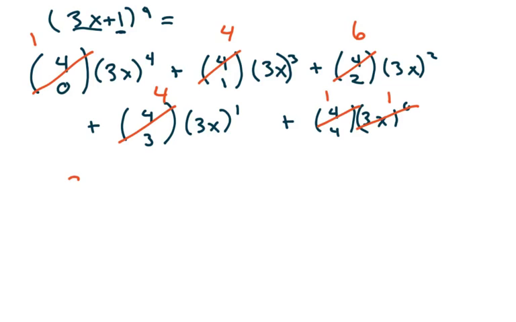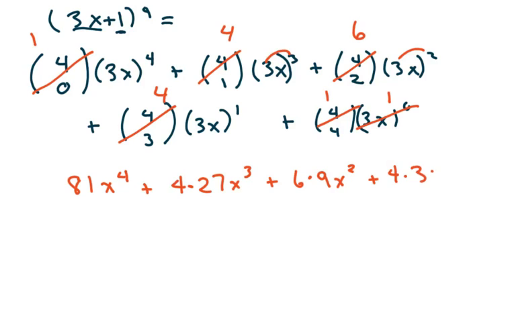So that's going to be 81 x to the fourth plus 4 times, now 3 cubed is 27, x cubed, plus 6 times, and this is going to be 9, x squared, plus 4 times 3x plus 1.